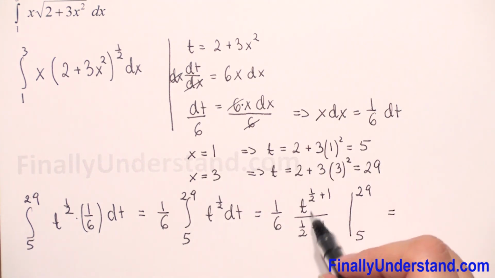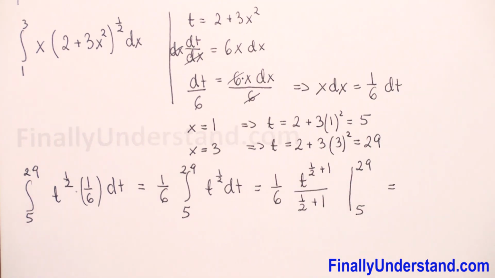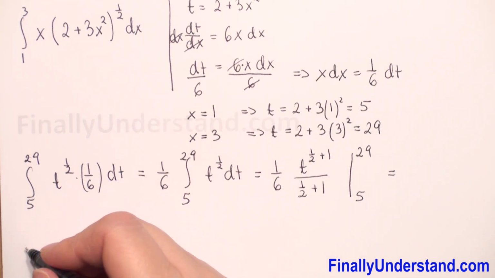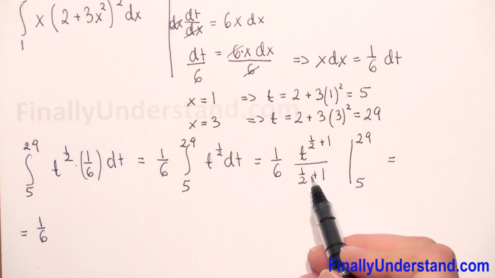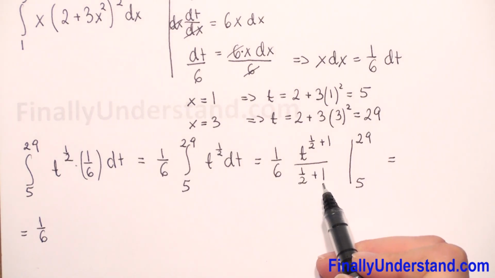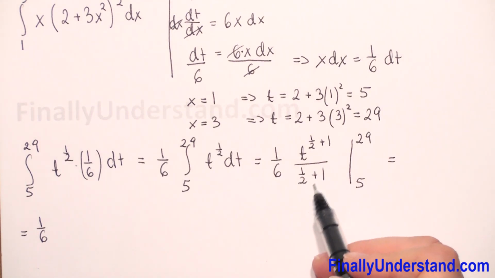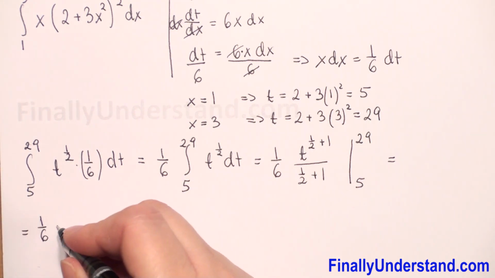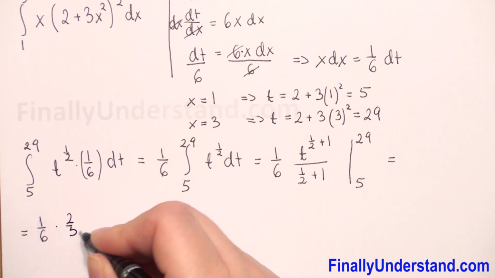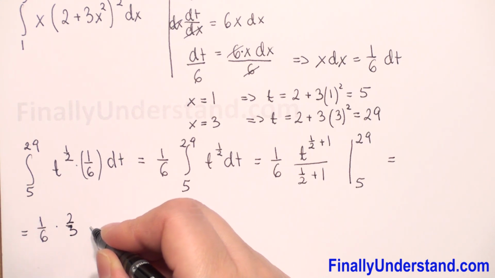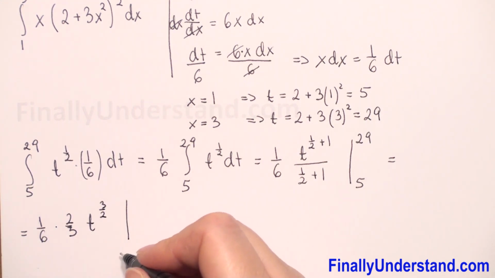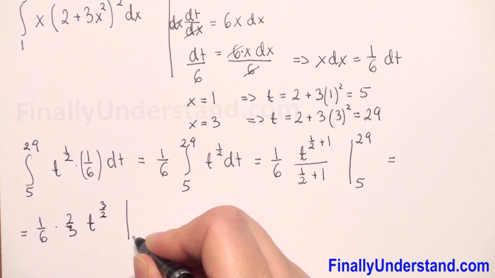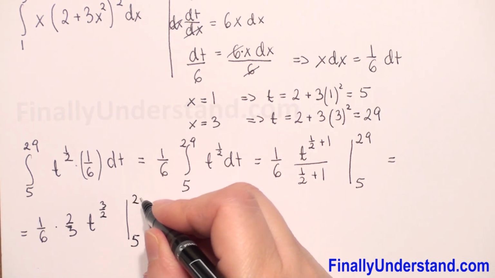This is equal. First we can simplify this, and we will have 1 over 6, because we have division, and we will have here the fraction 3 over 2, so I will flip this fraction, it will be times 2 over 3, and we have times t to the power 3 over 2, and we have a vertical bar from 5 to 29.